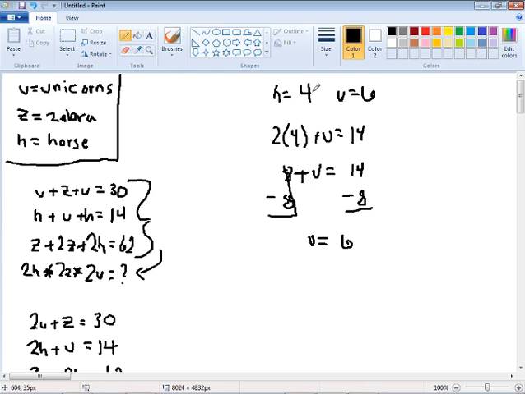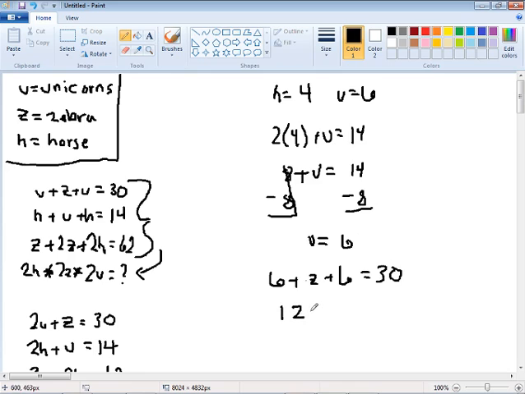Now that I know H and I know U, I can go up here and put my U into this equation up here if I felt like it. I could say 6 plus Z plus 6 is equal to 30.